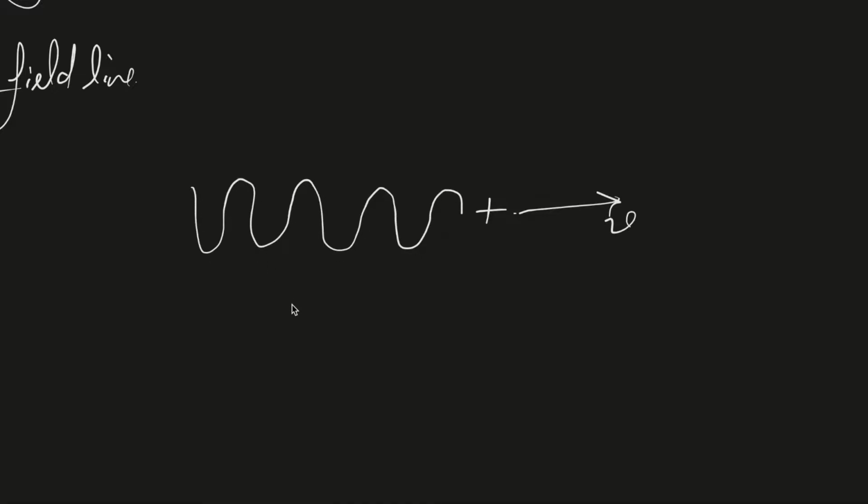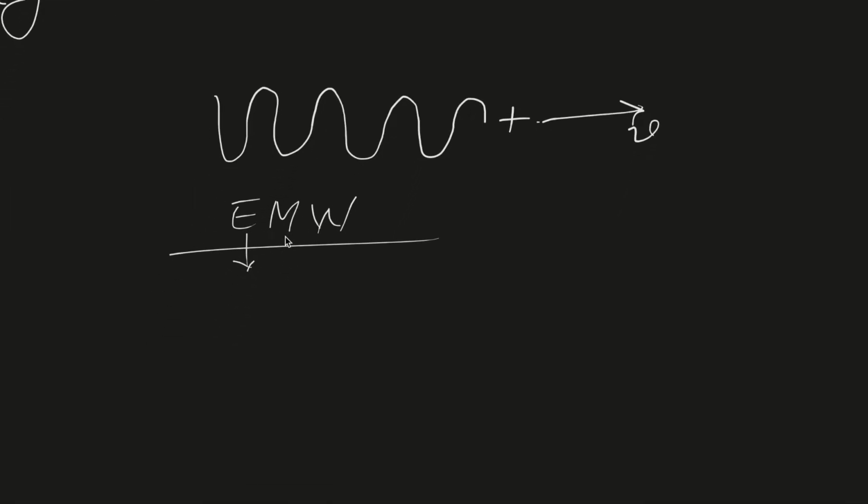Suppose the charge is in motion, let's say with a velocity v. Then it produces an electromagnetic wave. Electro means charge, so it has an electric field and a magnetic field also.